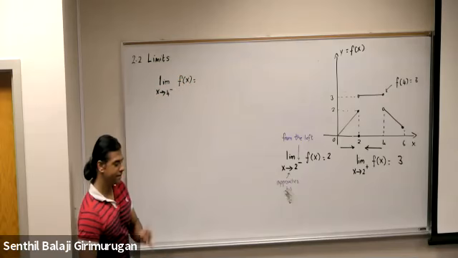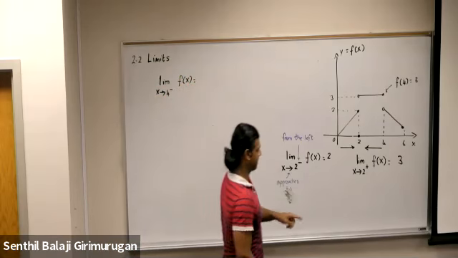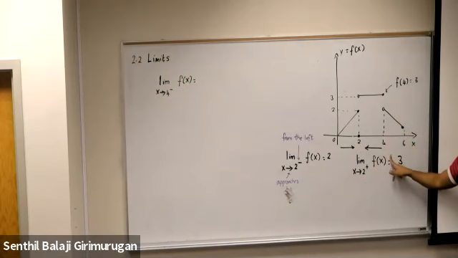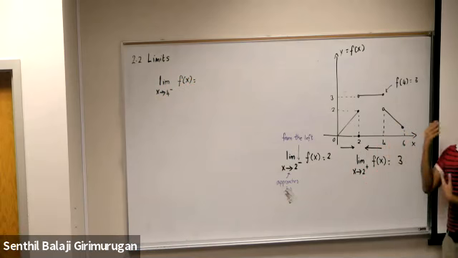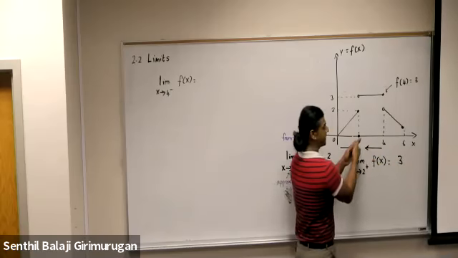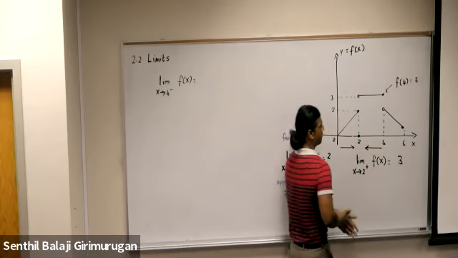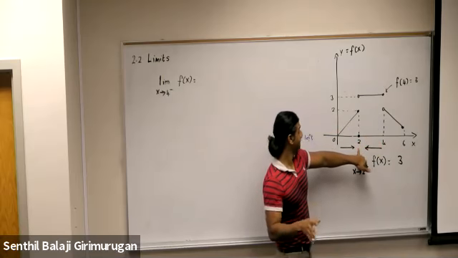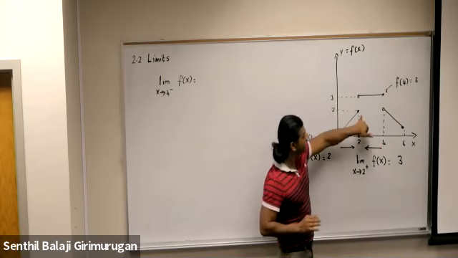So I would like to find the limit of the function, not the value, as I approach 4 from the left-hand side. I want to approach 4 from the left, so there should be a start from the left. 2, right. I can start here and get closer to 4. At 2, what is the value of the function? 2.